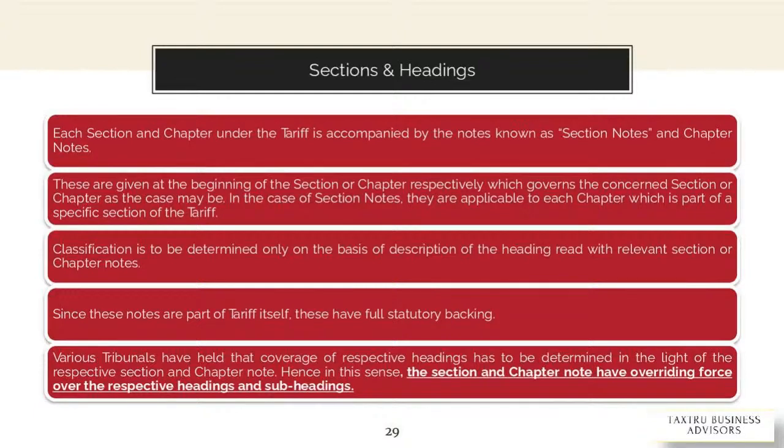As I said, if you import some machinery from outside India and you think it should be classified under a particular tariff item, but there is a chapter note saying that this machinery will not be covered under this chapter, then even if its characteristics are similar to that tariff item, it will not be classified there.